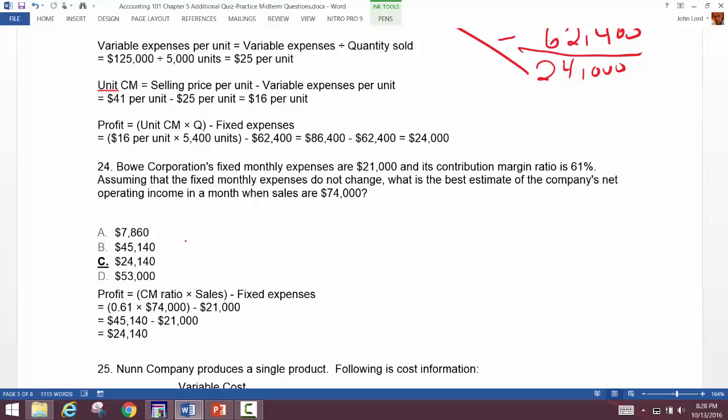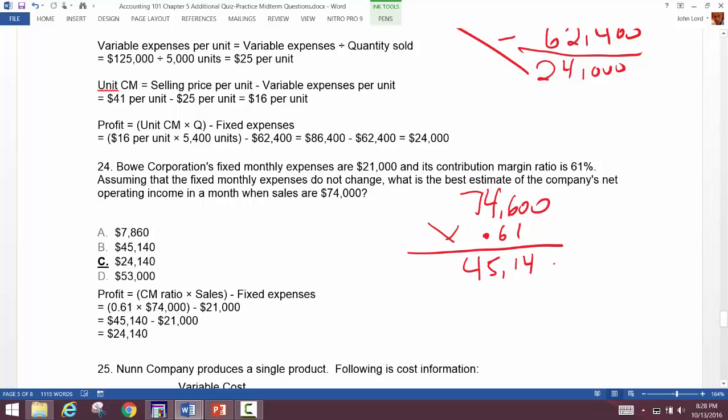Assuming that fixed monthly expenses do not change, what is the best estimate of the company's net operating income when we have sales of 74,000? So 74,000 is going to be my sales. My contribution margin ratio is 0.61. That means I have a total contribution margin here of 45,140.